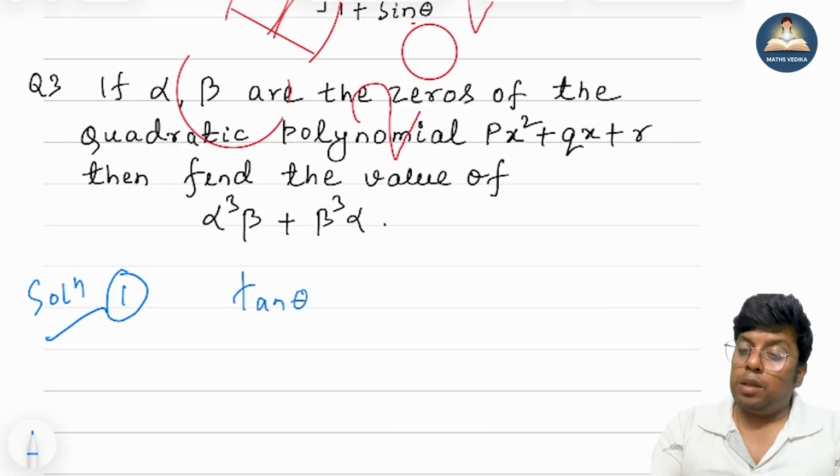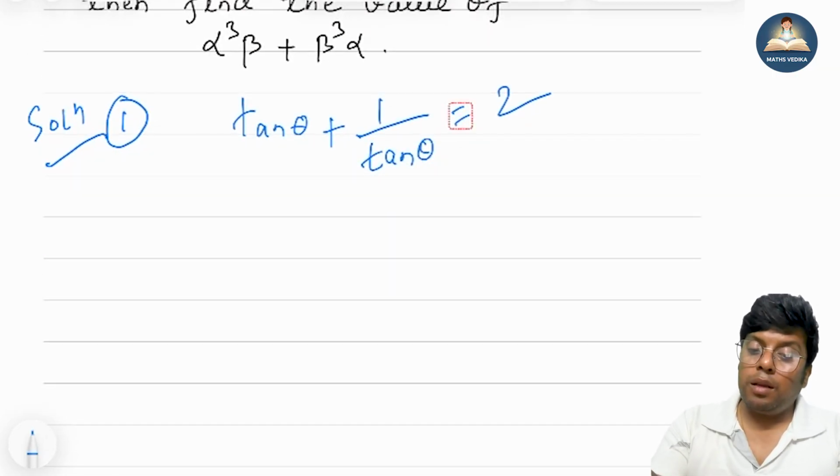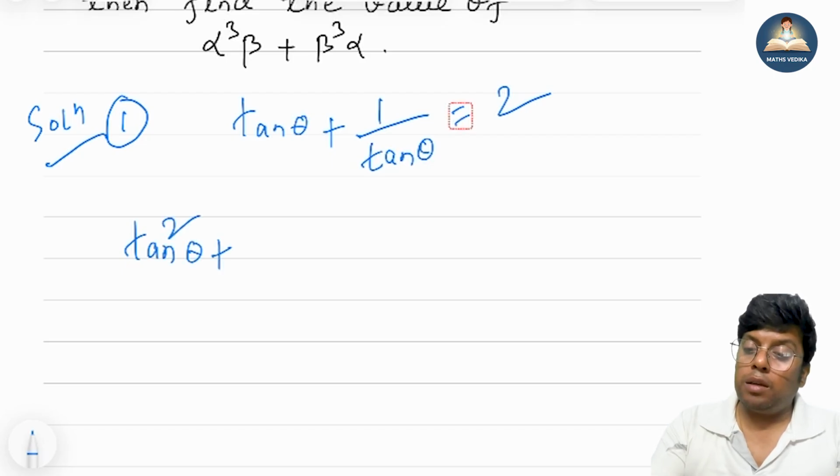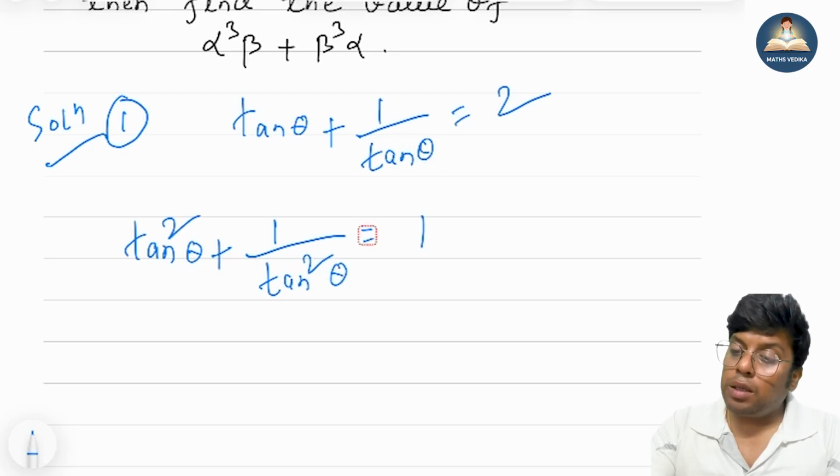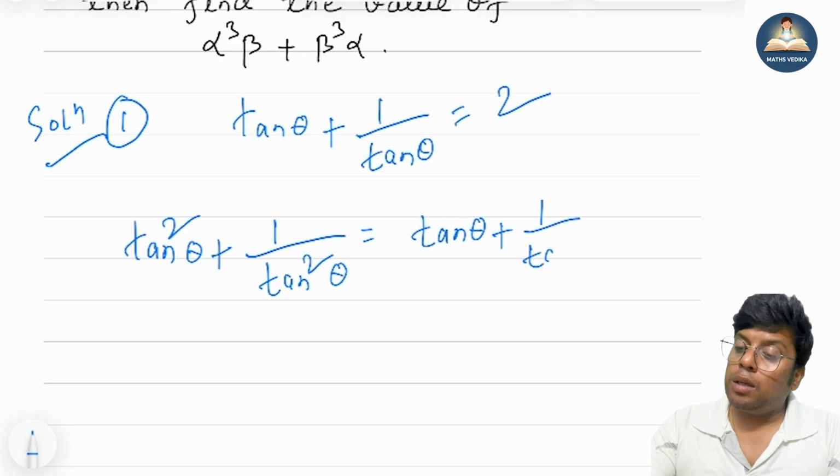Tan theta plus 1 by tan theta is equal to 2. Then we have to find the value of tan square theta plus 1 by tan square theta. So tan square theta plus 1 by tan square theta can be written as tan theta plus 1 by tan theta whole square minus 2.